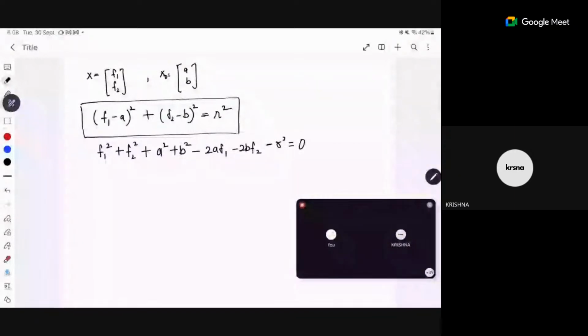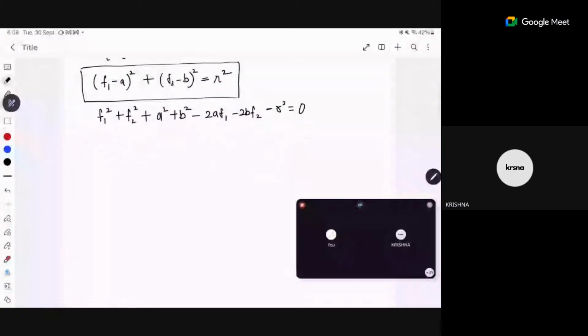So currently we have a point x given by f1 and f2, and for this feature I want to map it to some higher dimension, and that mapping is given by phi.